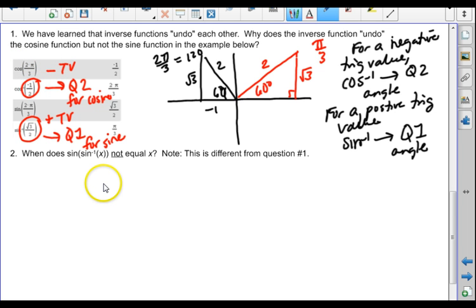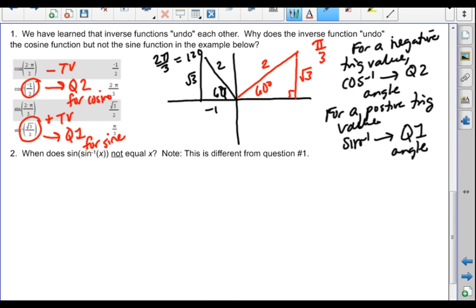Here I'm starting out by finding an angle and then taking sine of an angle. Here I was starting out by finding a trig value and taking the inverse function of a trig value. So the question is, if inverse functions undo each other, when will this not equal x?